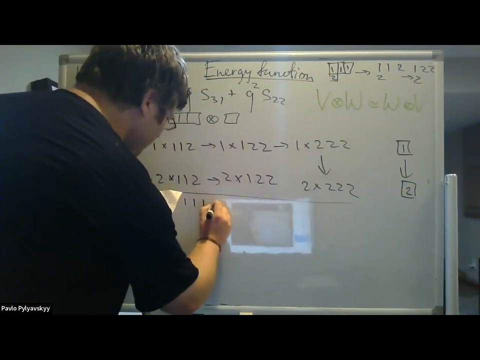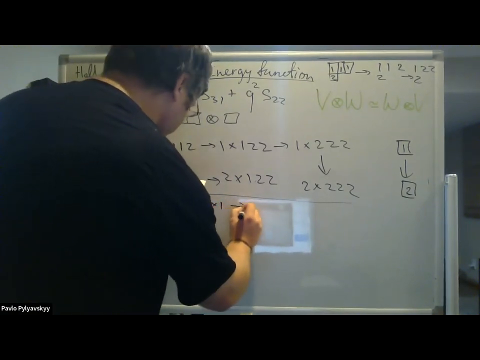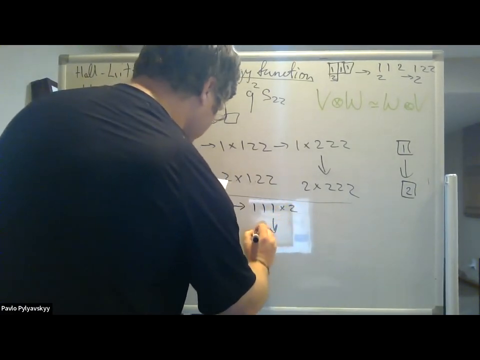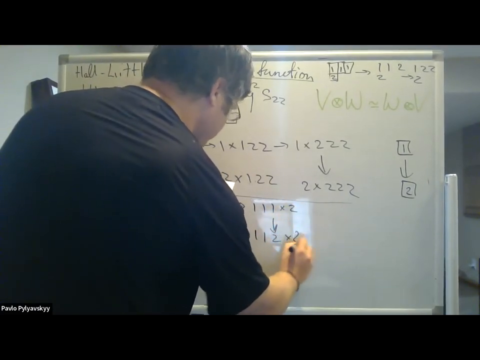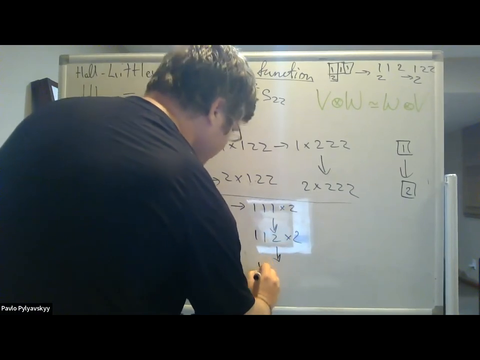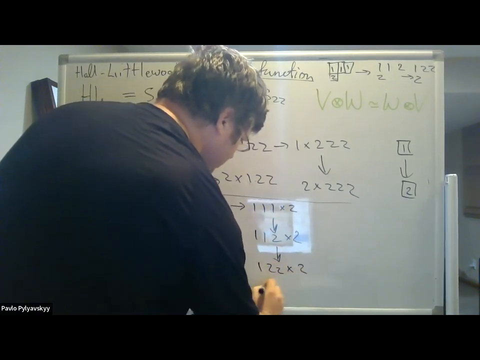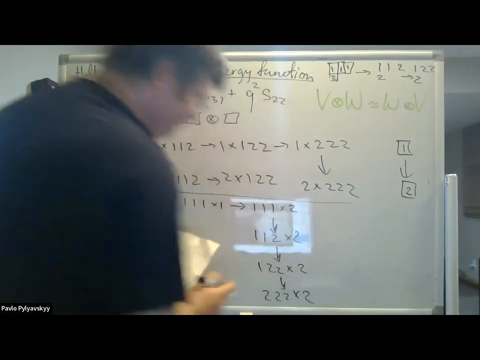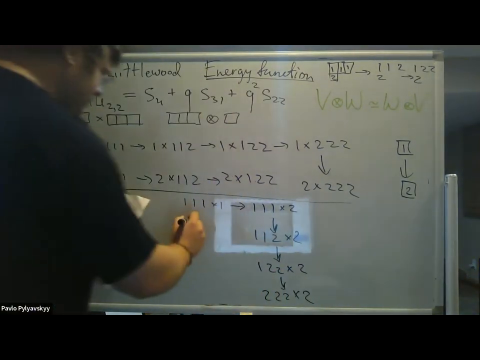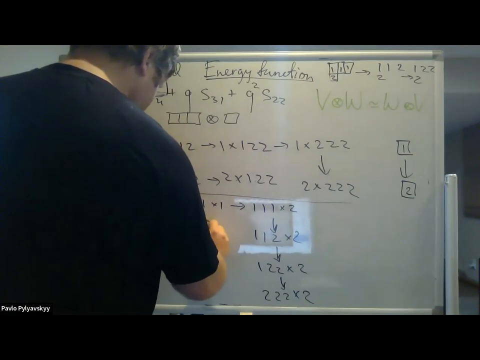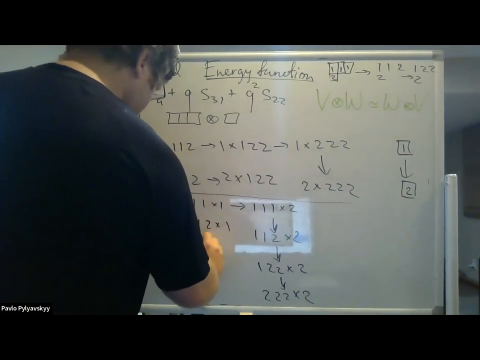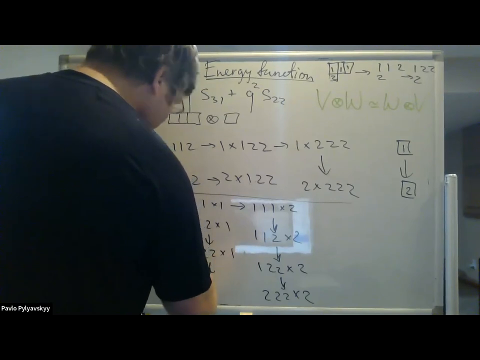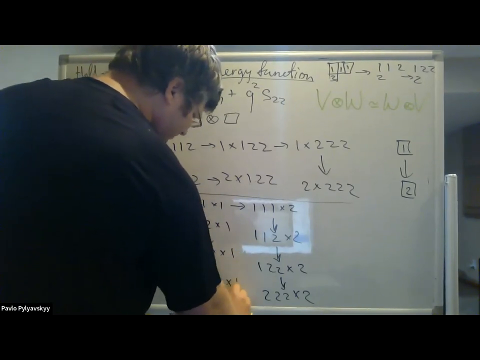1, 1, 1 times 1 goes into 1, 1, 1 times 2, goes into 1, 1, 2 times 2, goes into 1, 2, 2 times 2, goes into 2, 2, 2 times 2. And the second component looks like this: 1, 1, 2 times 1 goes into 1, 2, 2 times 1, goes into 2, 2, 2 times 1.